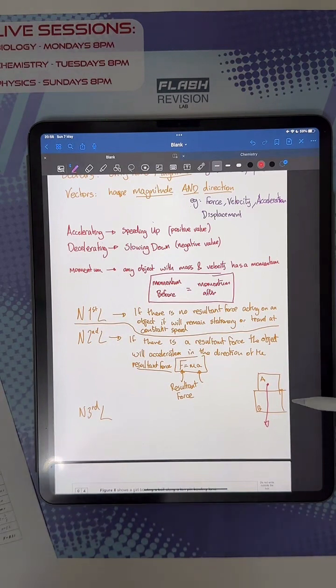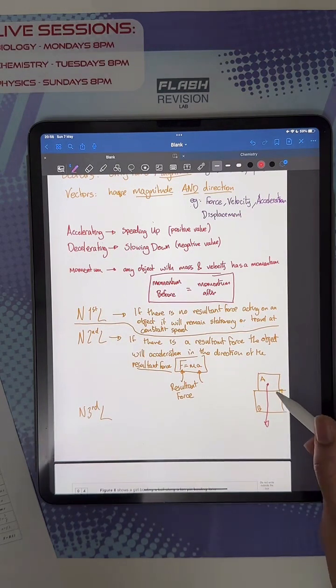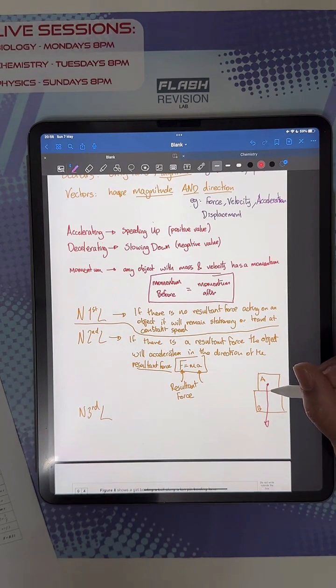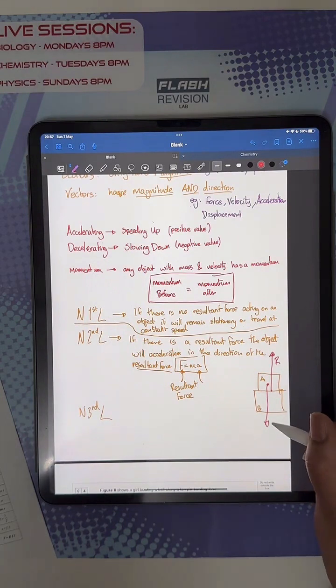If a box is on top of another box, this box A is technically not moving. And the reason for that is because the box underneath is pushing it back up. There's another force from the bottom pushing it back up. And this force, we call that the reaction force, is equal to the weight of the box.